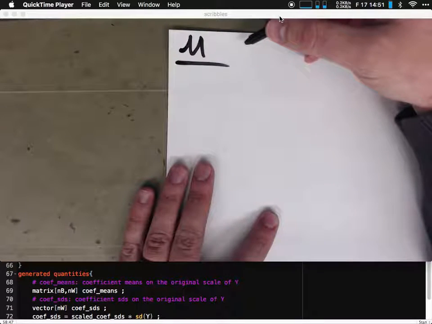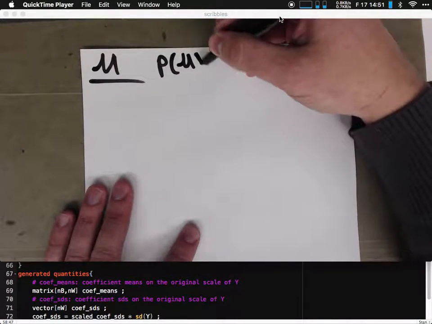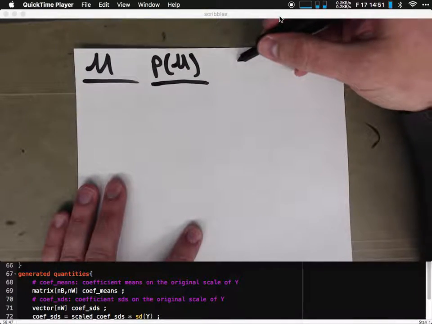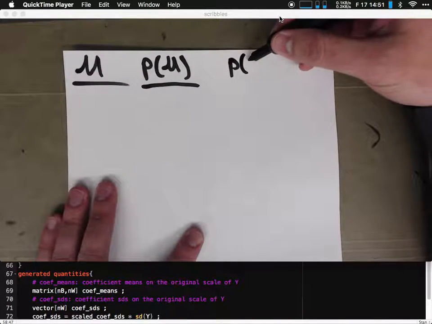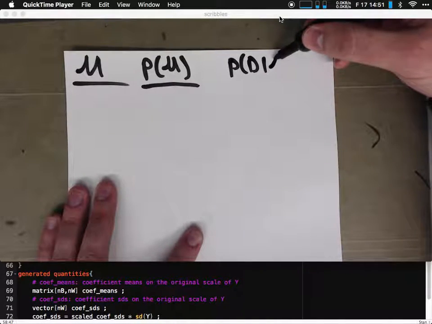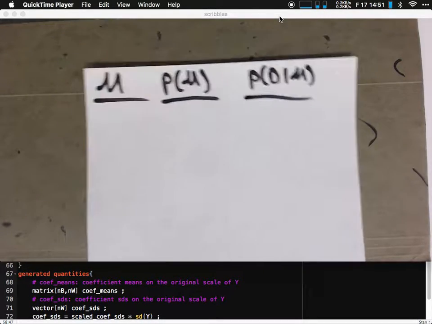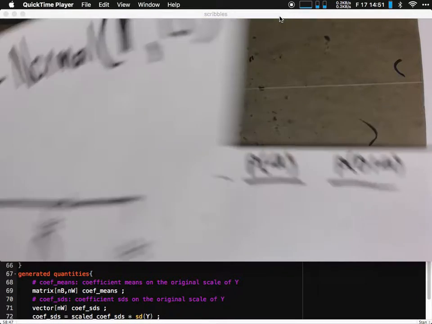So if mu is that, what is our prior at that point, and what is our likelihood at that point?